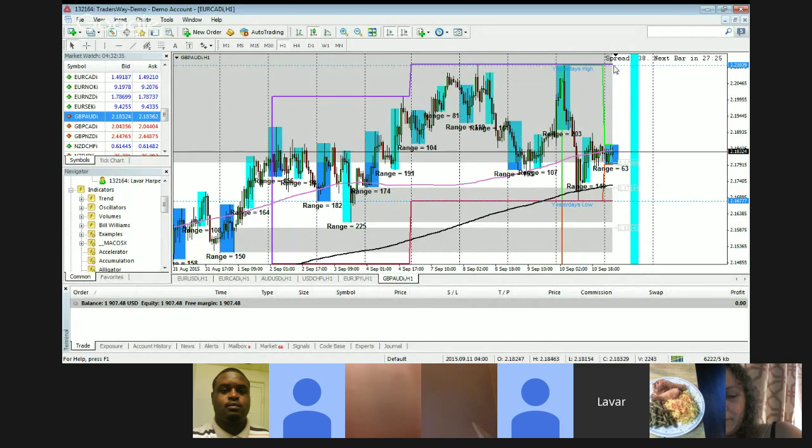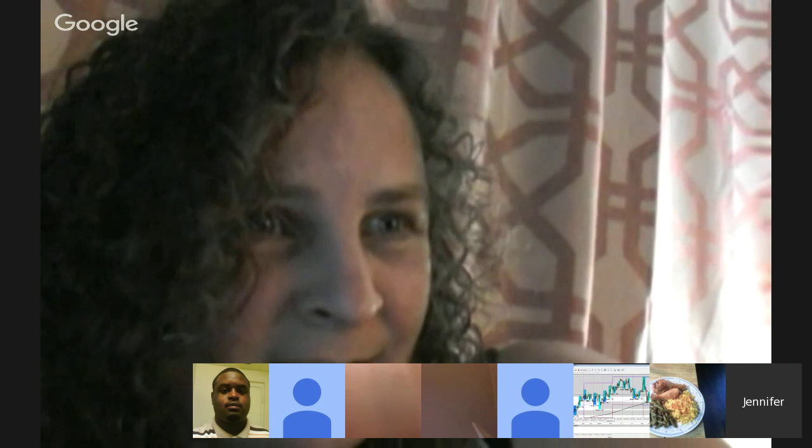So that's a long way to go to take out the high. It's closer to the low. So that's my prediction on GBPAUD out here.